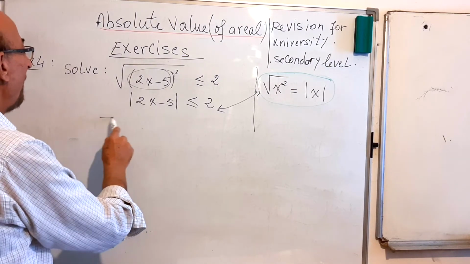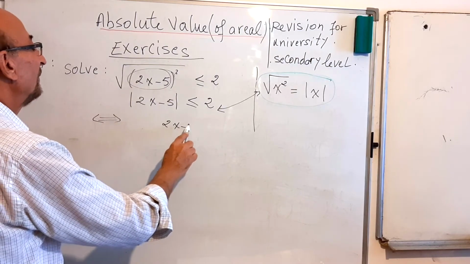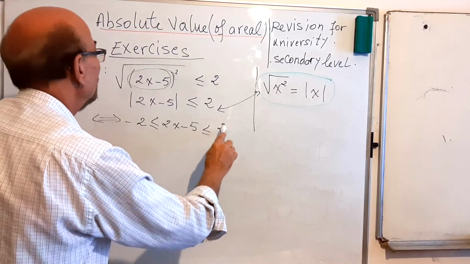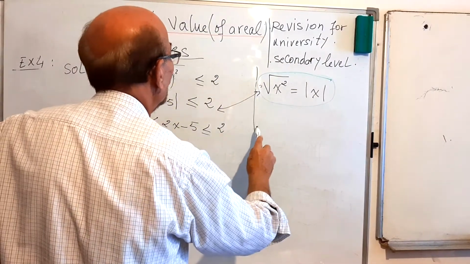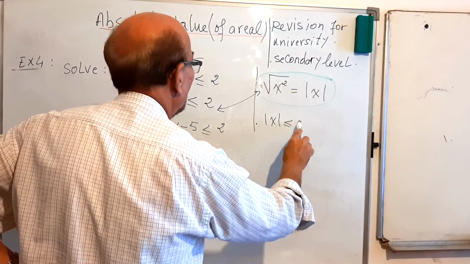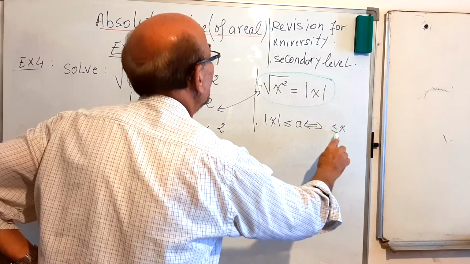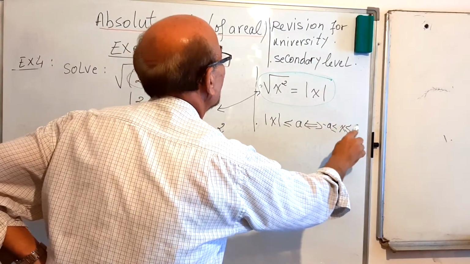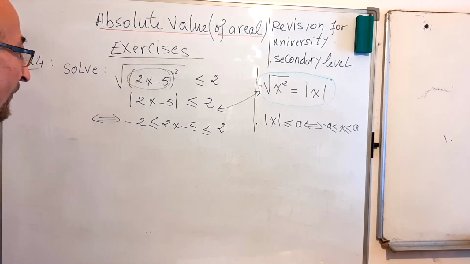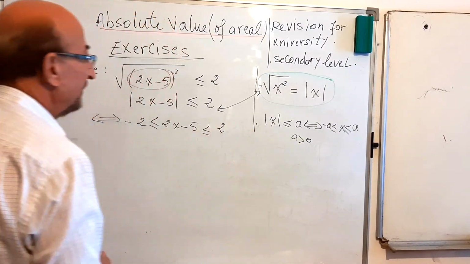This inequality is equivalent to 2x minus 5 is between minus 2 and plus 2, by the formula: if the absolute value of x is less than or equal to a, then x is between minus a and plus a, for a positive.